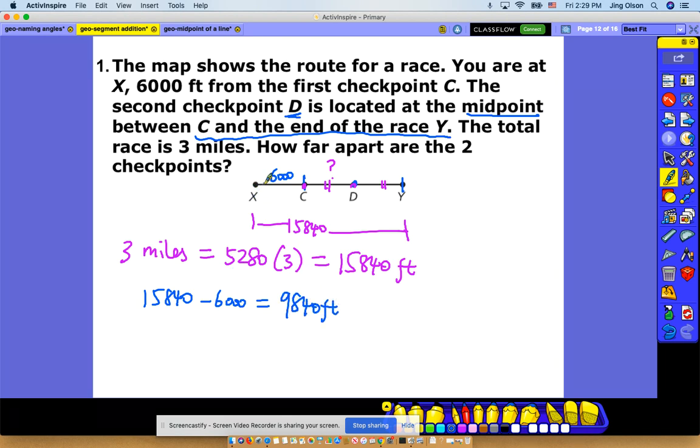So you take away 6,000, that will be from C to Y. C to Y is this number, and D is right in the middle. So how far is CD? Half of that, right? So do this number divided by 2. So that will be 4,920 feet. Okay, this gives an answer to how far apart are the two checkpoints, which means C to D.